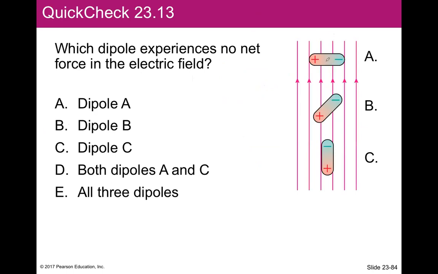Which one has no force? C, because only in C, the negative part gets a force down, the positive part gets a force up, and they're against each other. In all the other cases, it's going up, here it's going down, it has a torque.